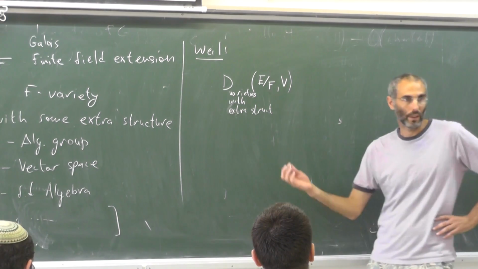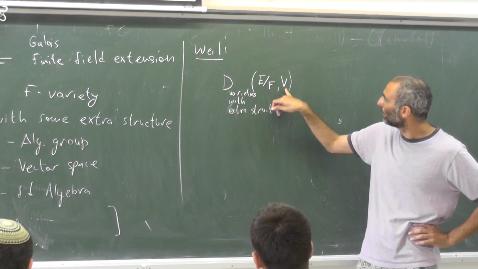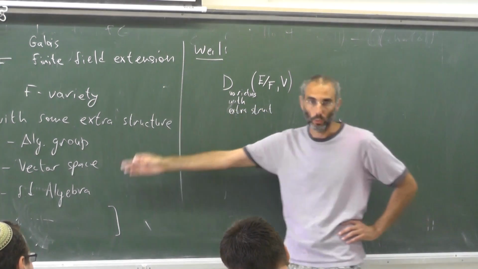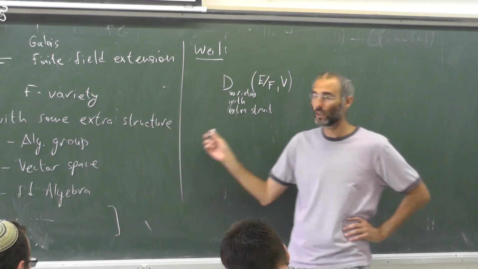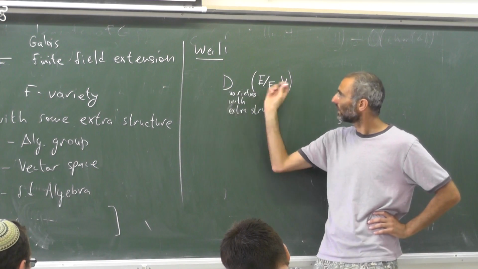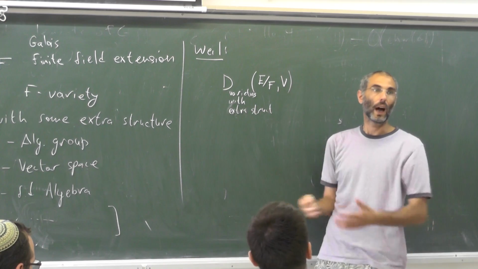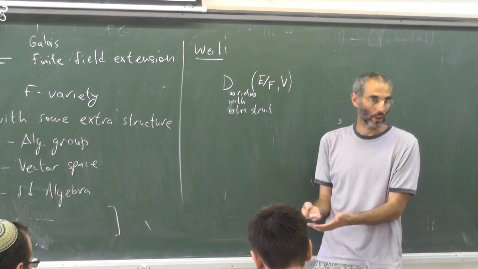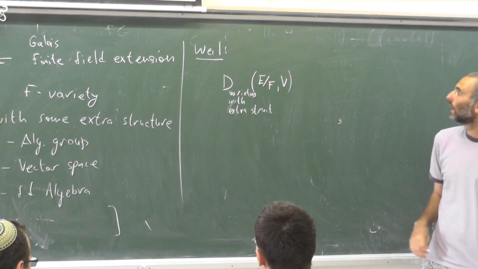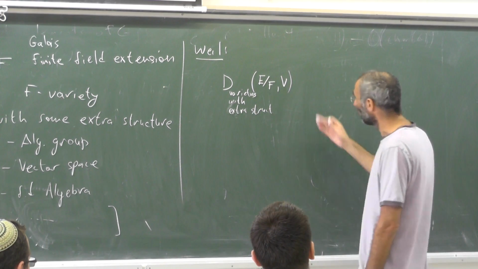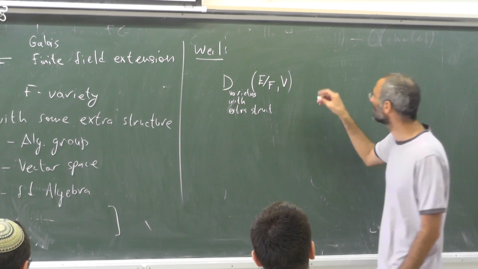Let me write this way. Let me think of it as if I have the extra structure given on V as part of the given structure. So this set answers the question: what are the other varieties with similar structure defined over F, such that after extending scalars they become the same as V? And of course, V is an element here, so this is a pointed set.